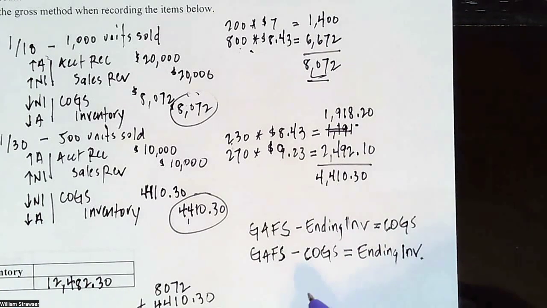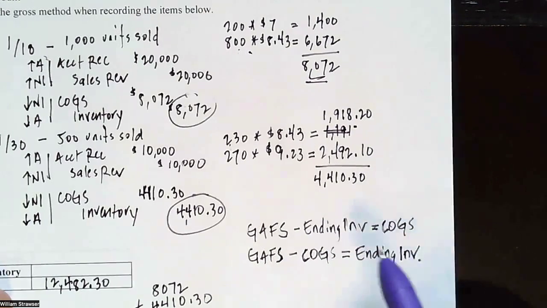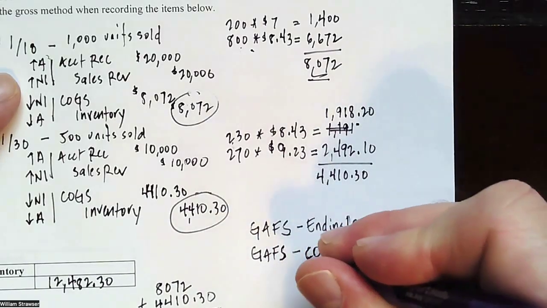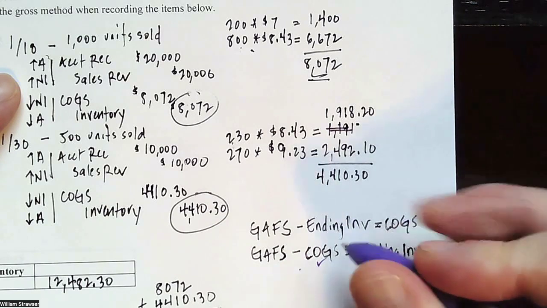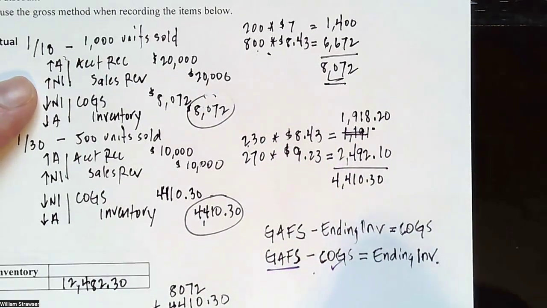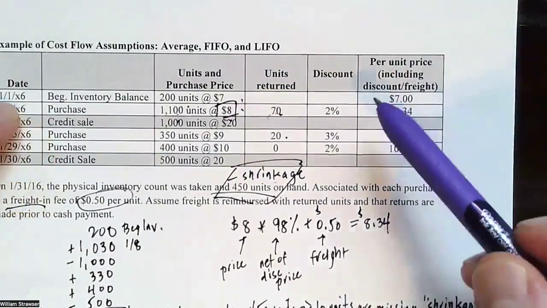All right. Go to a different color. So we have COGS, right? We got 12,482. So that's taken care of, right? What we need is GAFS. So we can get GAFS pretty easily from this table.